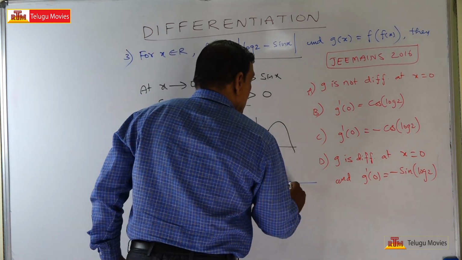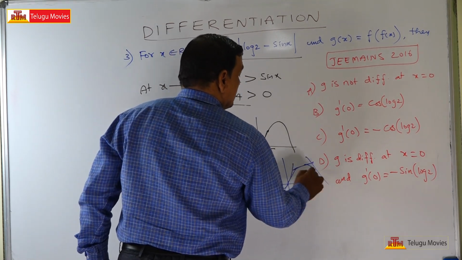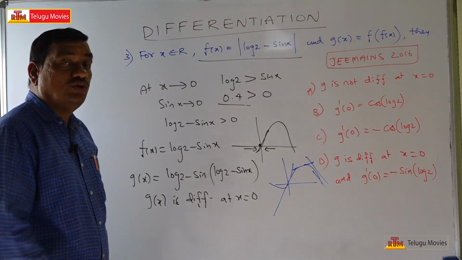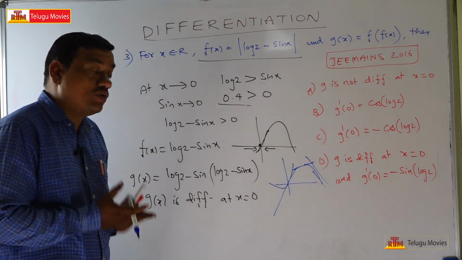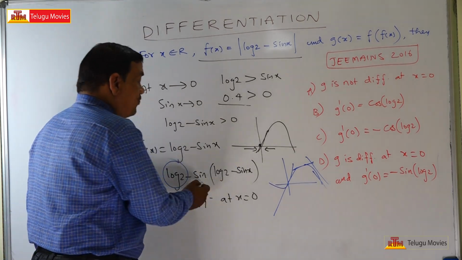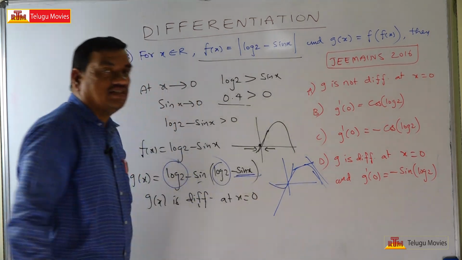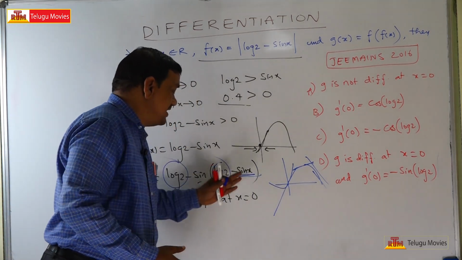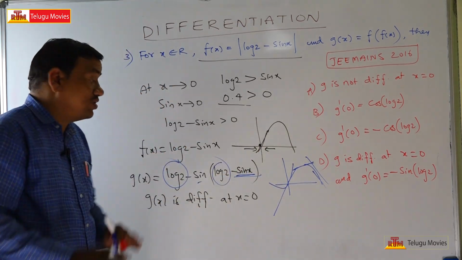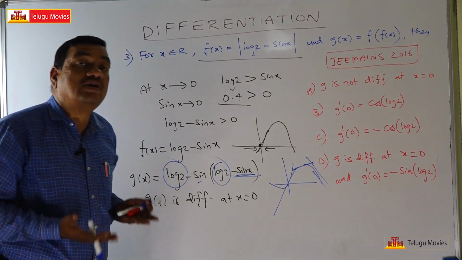At 0 also you can draw a tangent to the sin x curve. Log 2 is a constant, sin of log 2 is also a constant, only one sin x is there. So log 2 minus sin x is also differentiable, and log 2 minus sin of log 2 minus sin x is also differentiable.